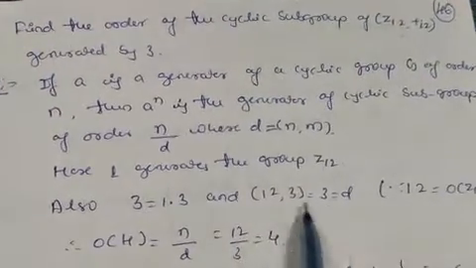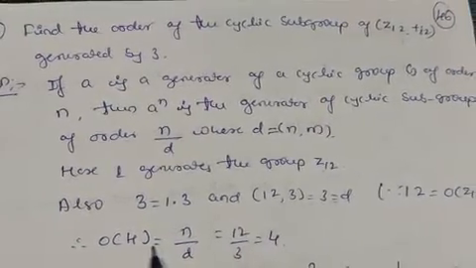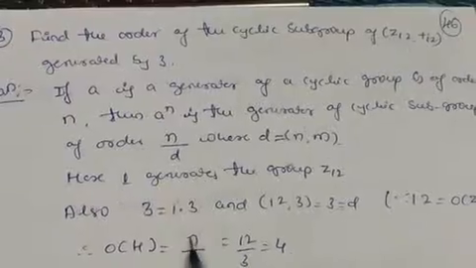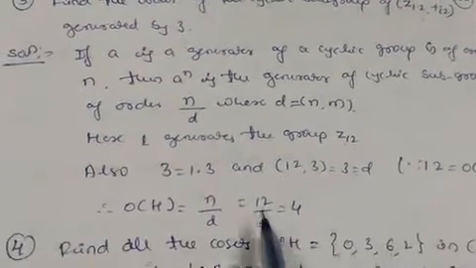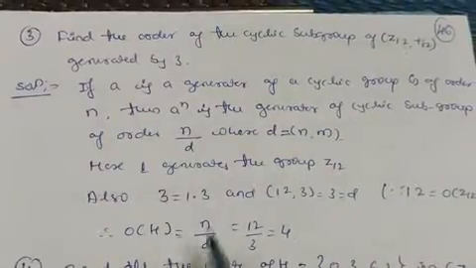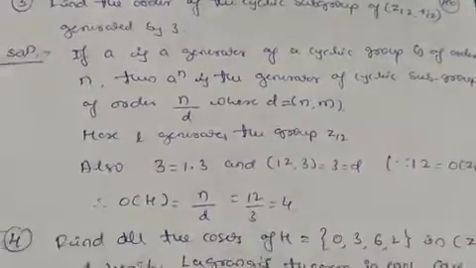The greatest common divisor of 12 and 3 is 3. Take this as D. Now the order of H is given by n by D, that is 12 by 3, which equals 4. So this is the order of the cyclic group generated by 3.